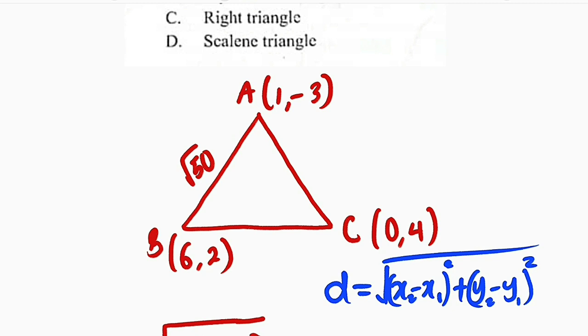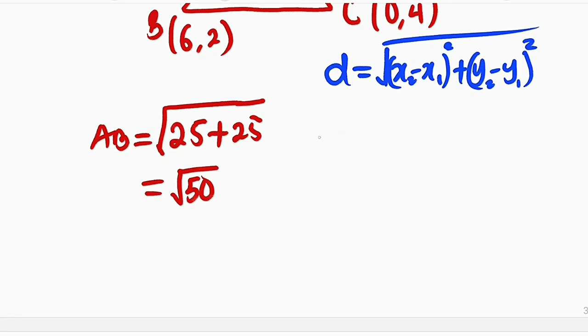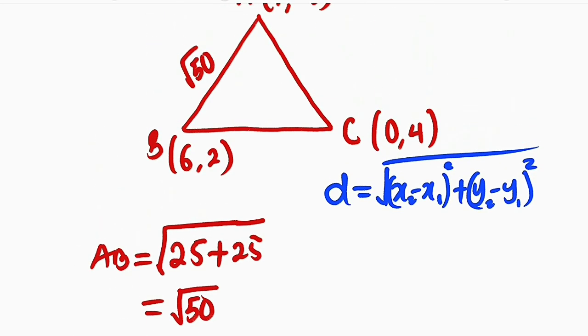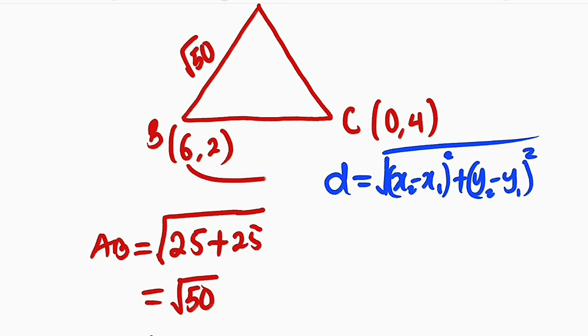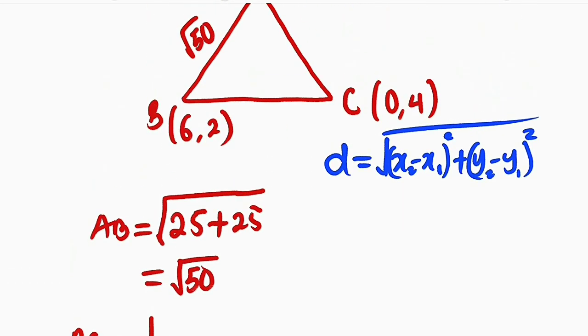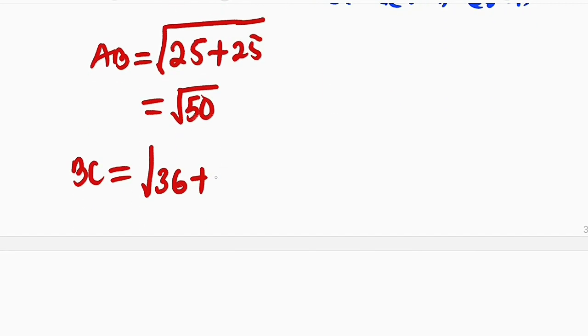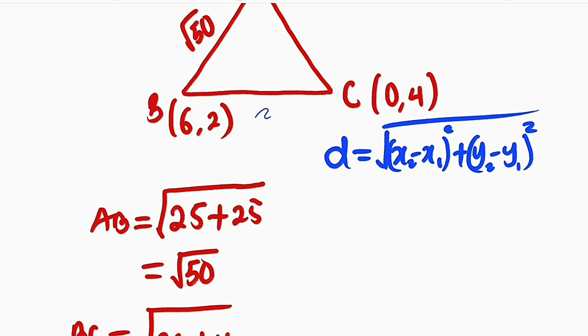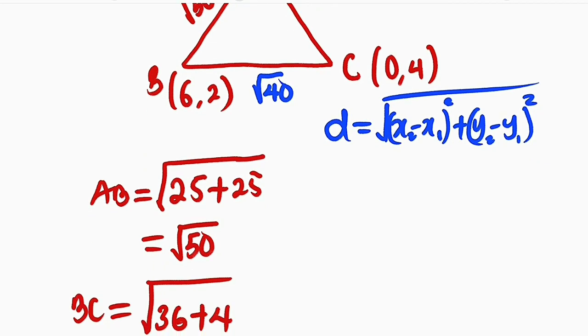Then let us find the distance between B down to C. BC is equal to the square root of, you may start from either side, 6 minus 0 is 6, and 6 squared is 36, plus 2 minus 4 is minus 2, and minus 2 squared is 4. If you simplify this, you have square root of 40. Then the other side length, which is AC.